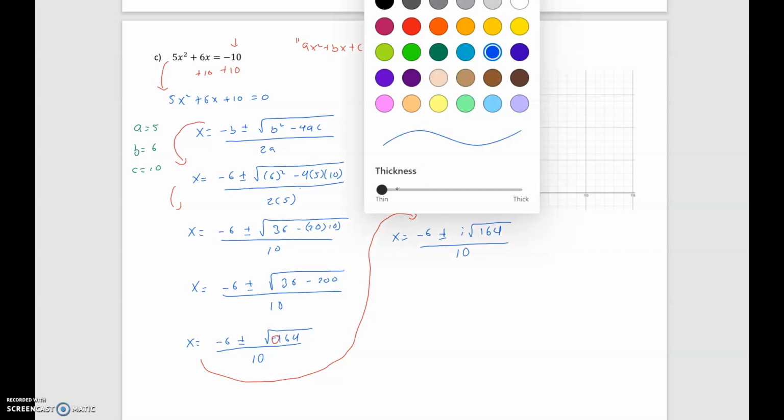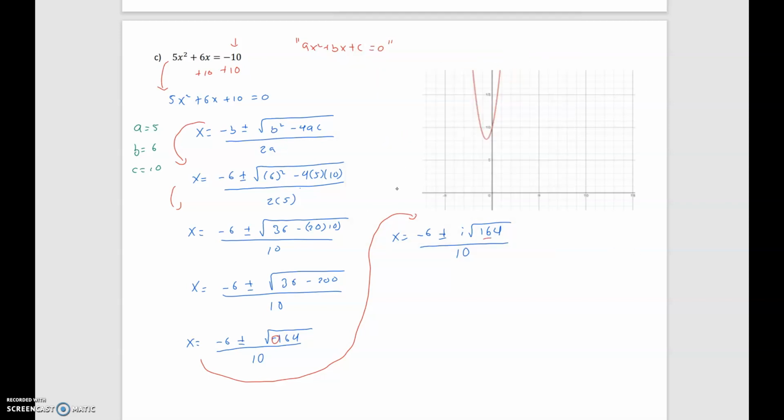So let me simplify this 164. We can divide it by 4, so you're going to end up with 4 and 41. 4 times 41 is equal to 164.